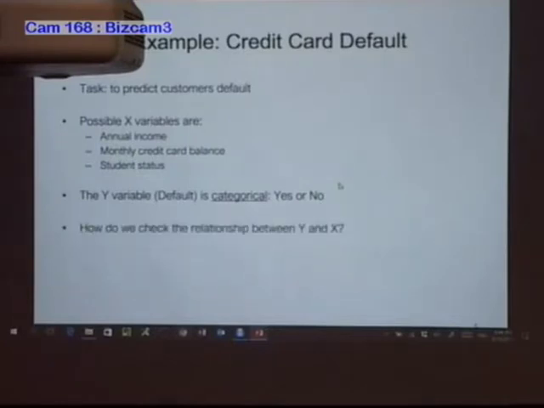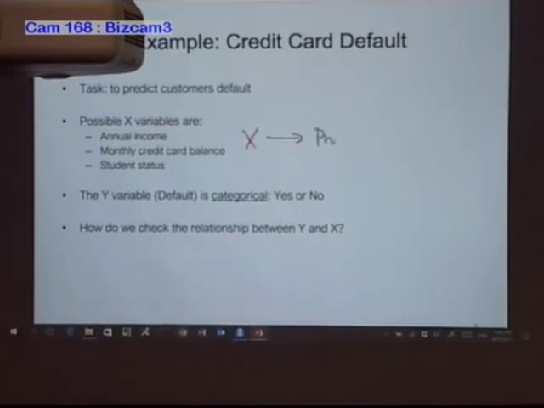The natural question is how. If we go back to the history and check all the existing customers, we know their X, and we know some of them eventually defaulted, some didn't. Let's try to figure out the relationship between Y and X in our existing customers. Once we have established something about X and Y, then we can predict future customers. Like I said, you can imagine there are two steps here.